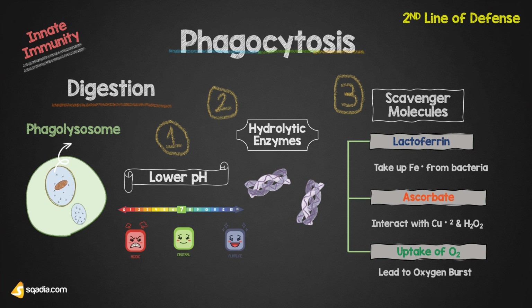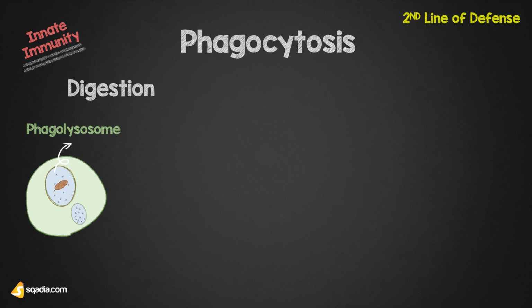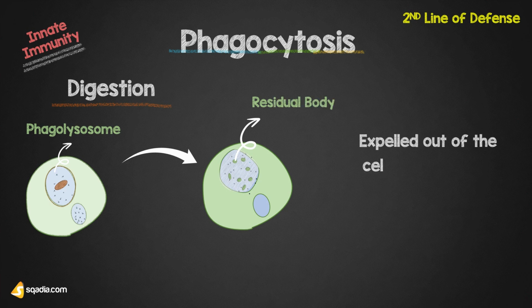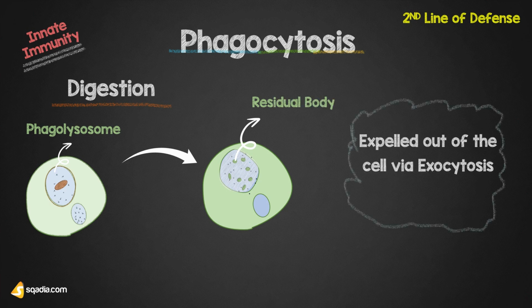Along with that, this intracellular killing of many bacteria requires the uptake of oxygen by the phagocytic cell. So all these events initiate respiratory and oxidative bursts. All these things, like acidic medium or low pH, digestive enzymes, and oxidative burst, cause the killing or digestion of the trapped microbe, leaving behind a sac filled with indigestible material called a residual body.